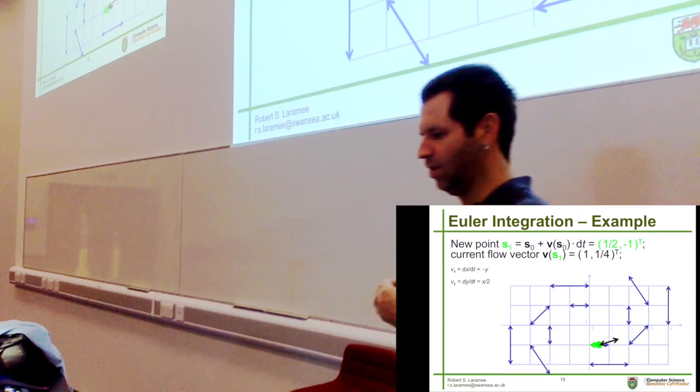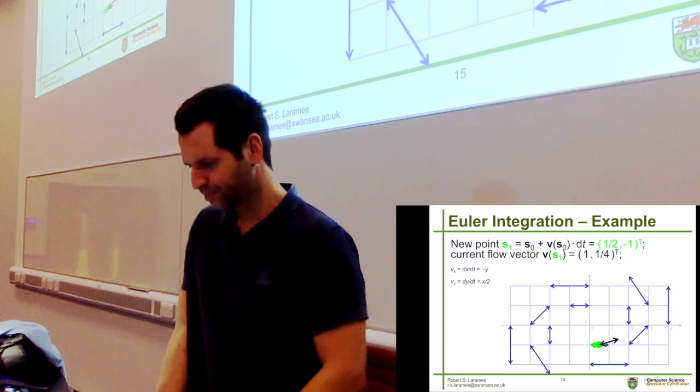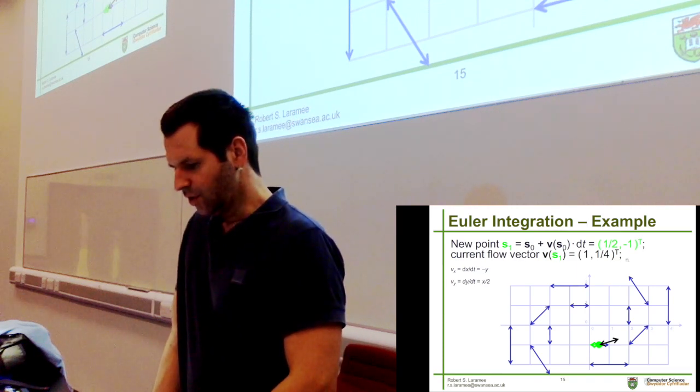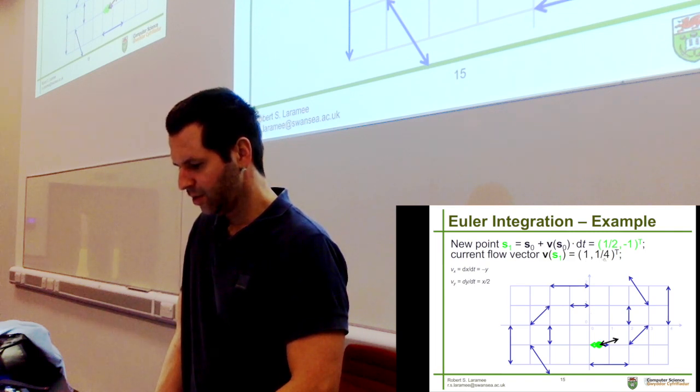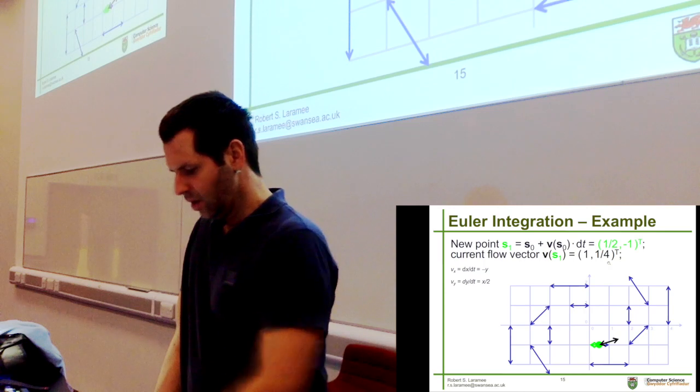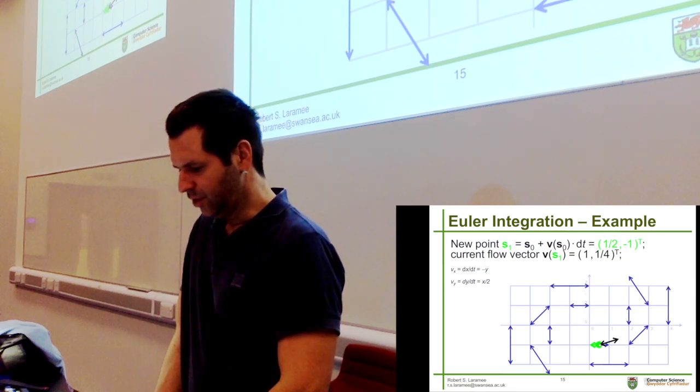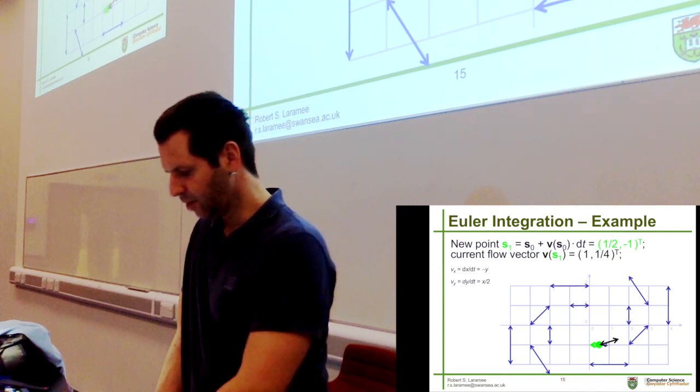So the vector at the next point is 1 1/4. We can use that to compute the next position along the streamline.